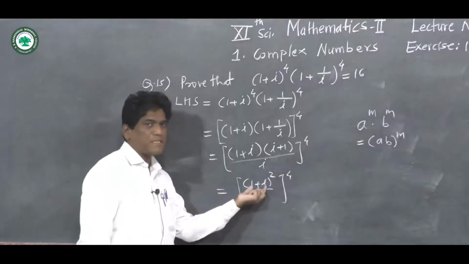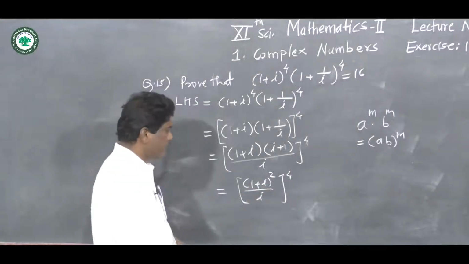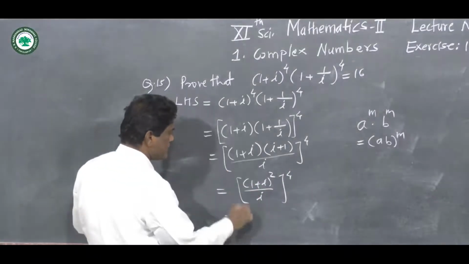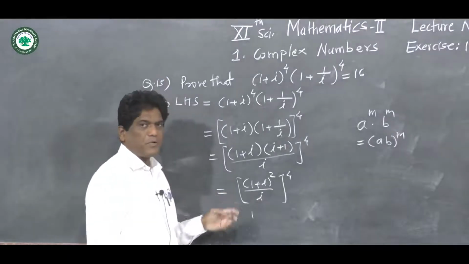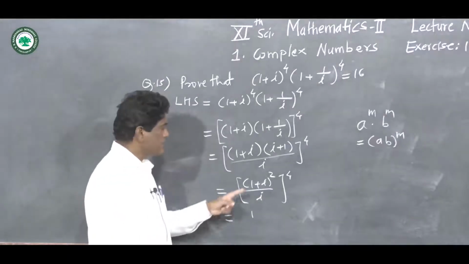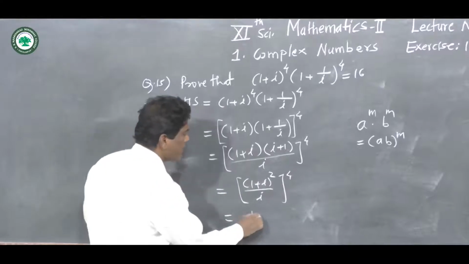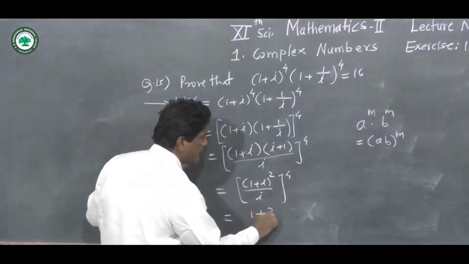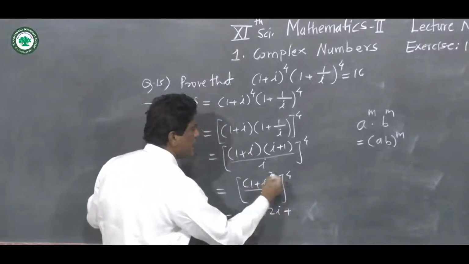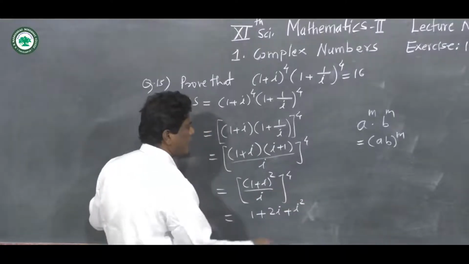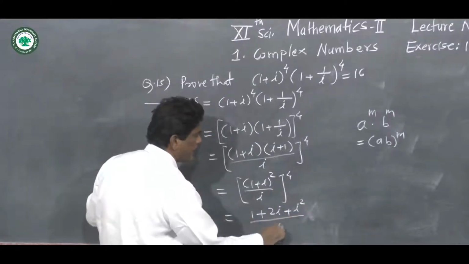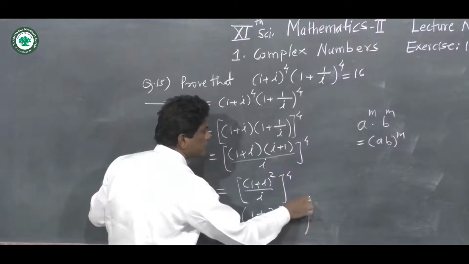Now we expand this (1 plus i) square using the formula (a plus b) square. So a square, that is 1 square, 1, plus 2 into 1 into i, that is 2i, plus i square, and divided by i, and then power 4.